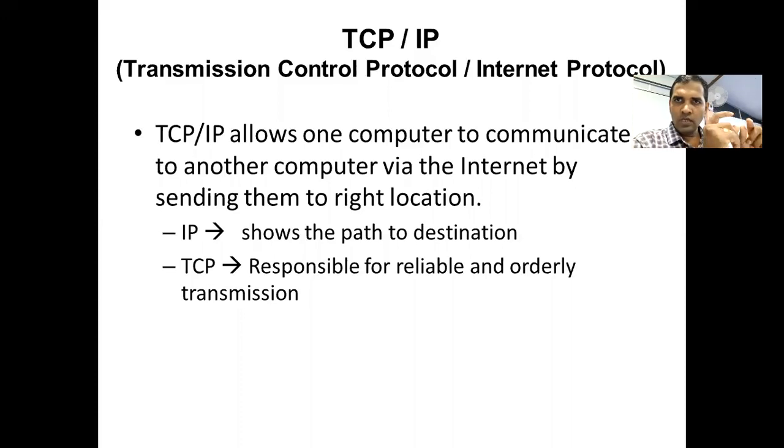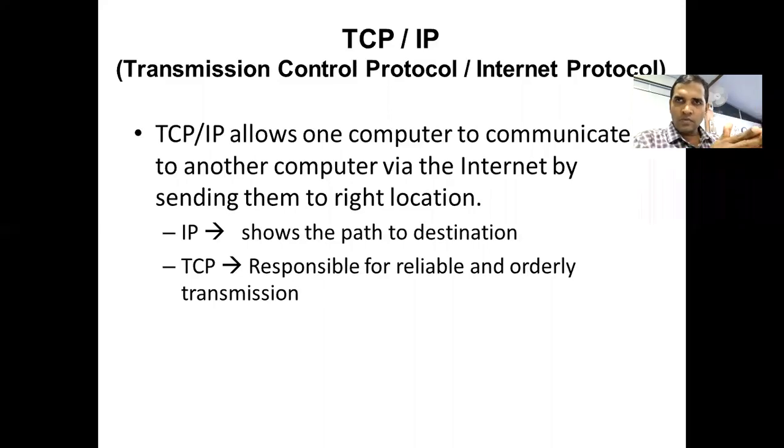So there should be a technique to identify the destination, the receiver. That is the role of IP. IP, Internet Protocol, is the address for identifying the computer, so it is for identifying the computers on the network or on the internet.